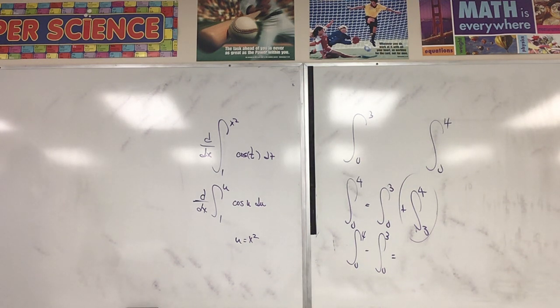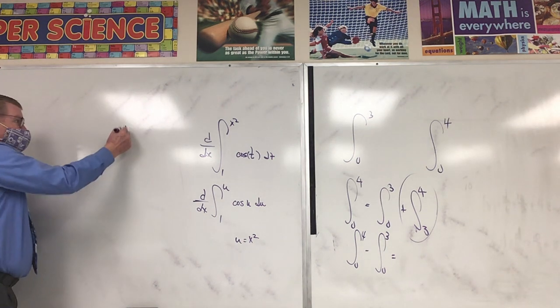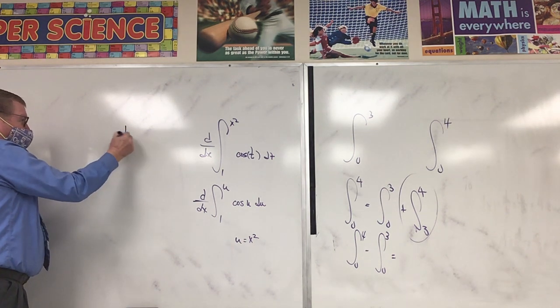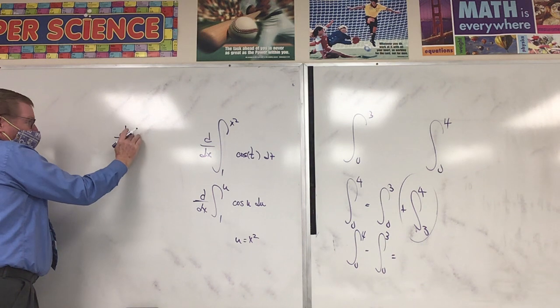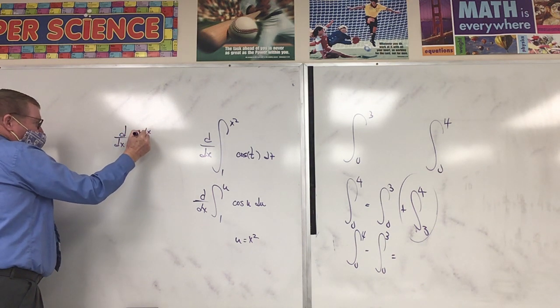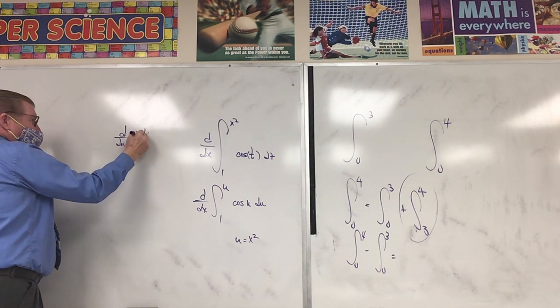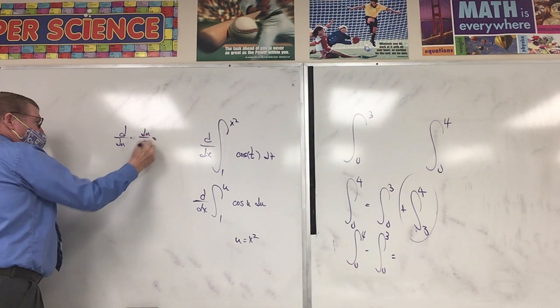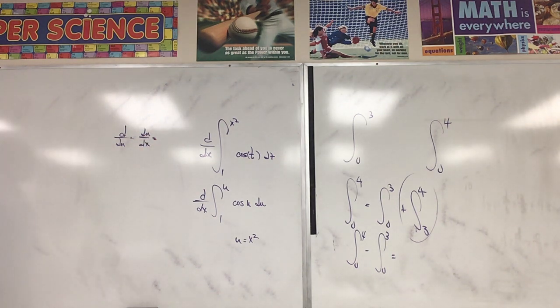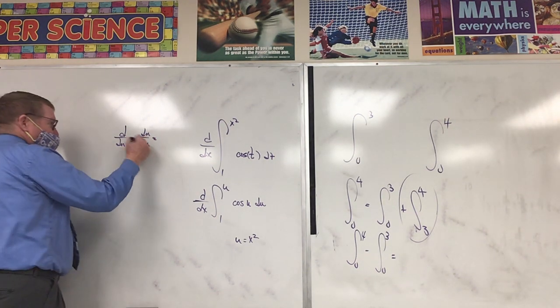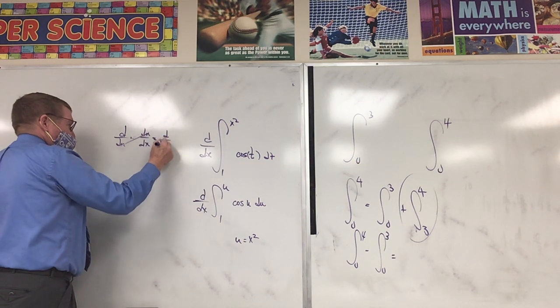So remember my chain rule. It's d over du times du over dx. Well, what happens when I multiply those? They cancel each other out, so I get d over dx.